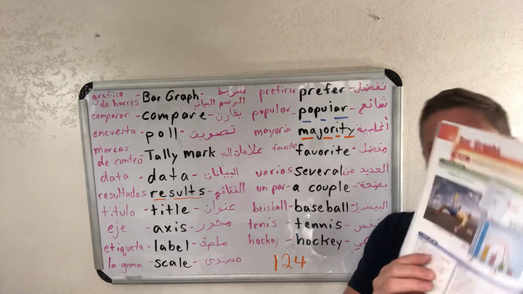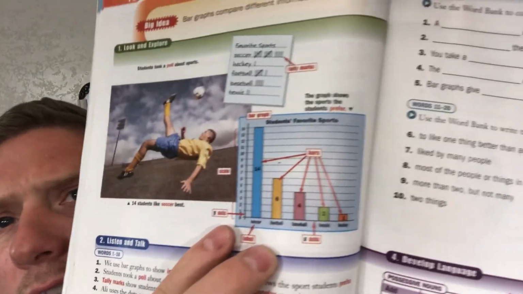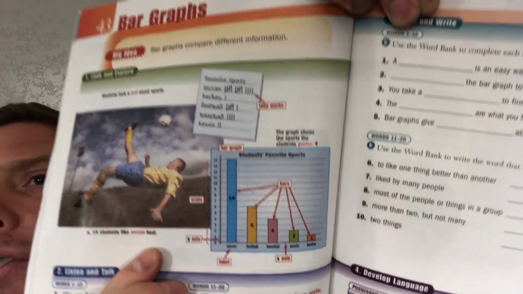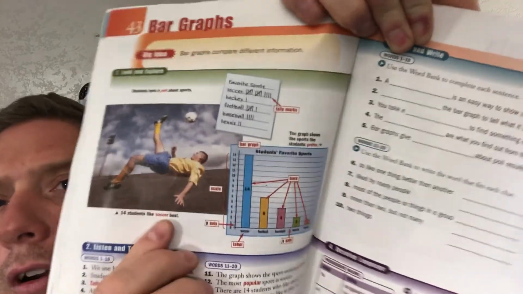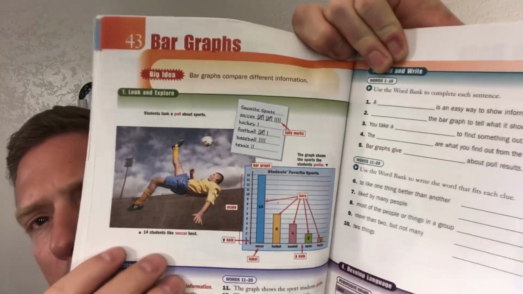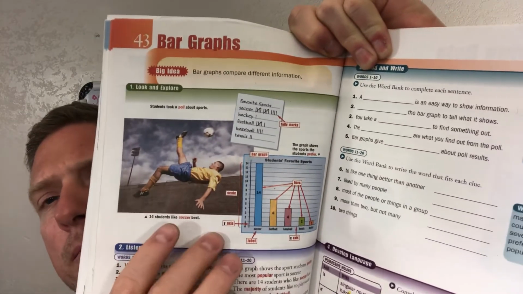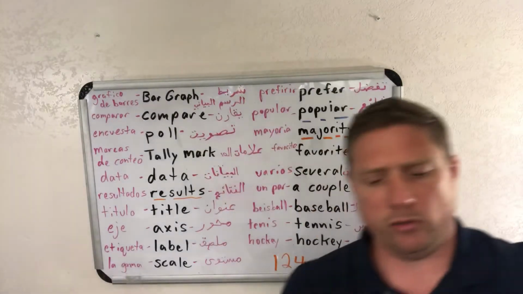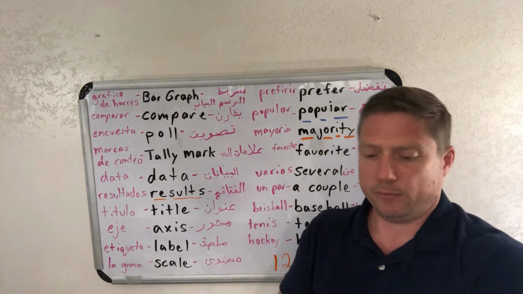So here we have our bar graph. The bar graph talks about the different sports that students prefer. So which students like different sports?